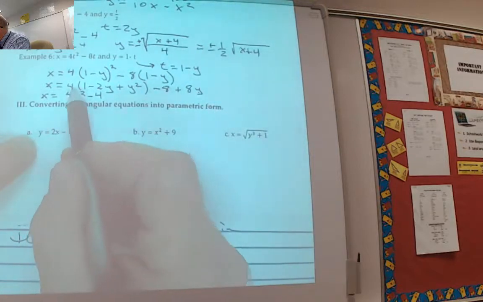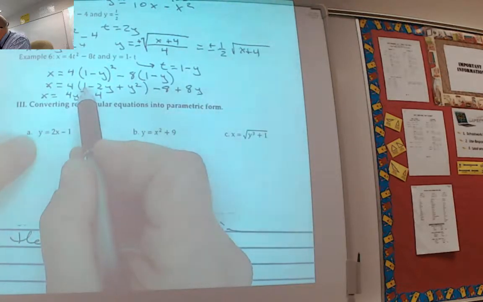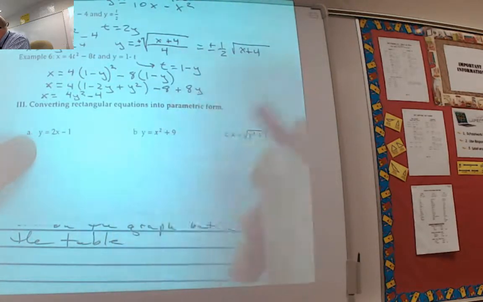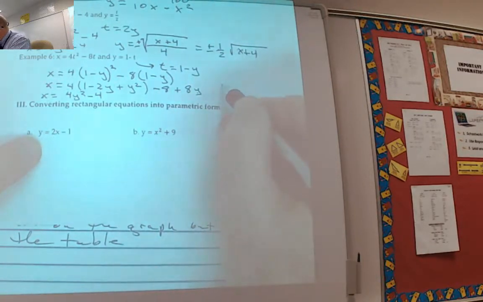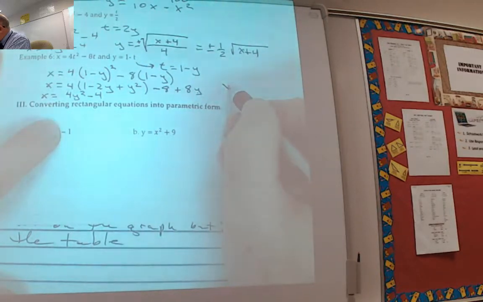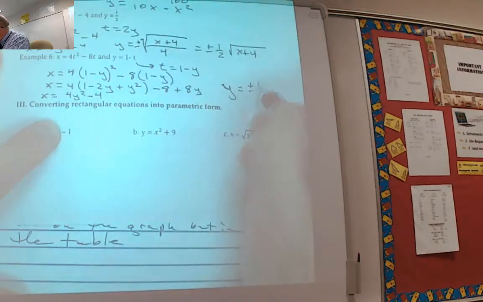And then 4 times 1 is 4 minus 8. I guess I can get y by itself. So I think we're going to get exactly the same thing, aren't we? Yep. Now y is going to equal plus or minus 1/2 the square root of x plus 4.